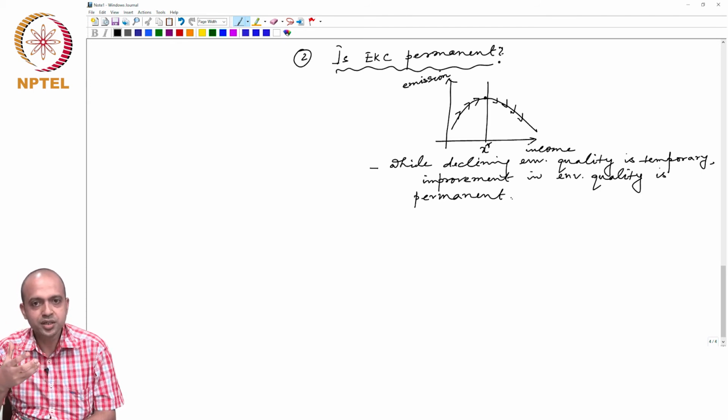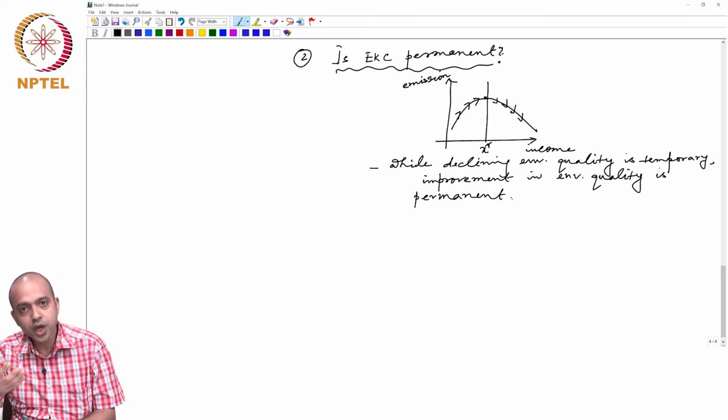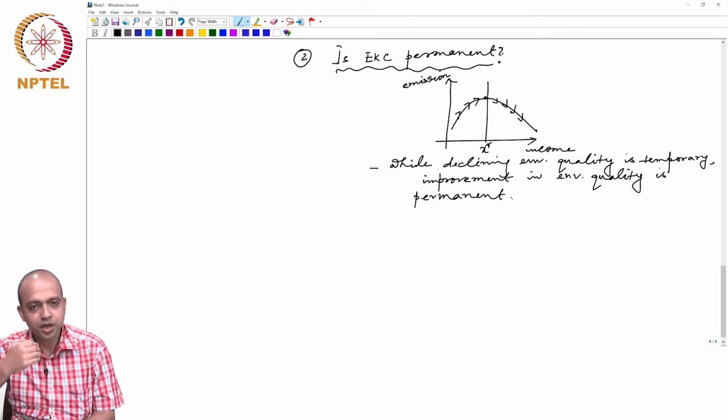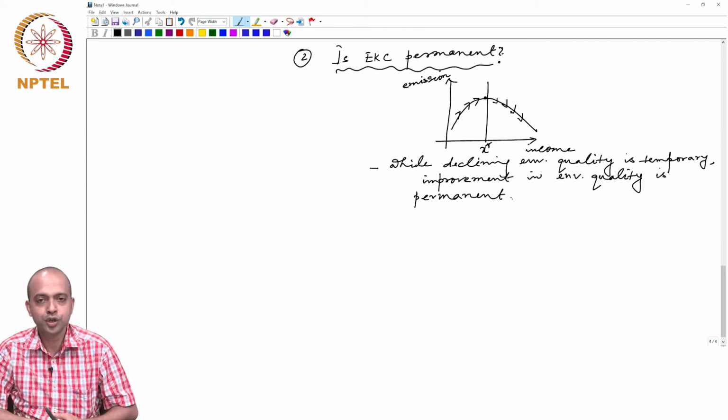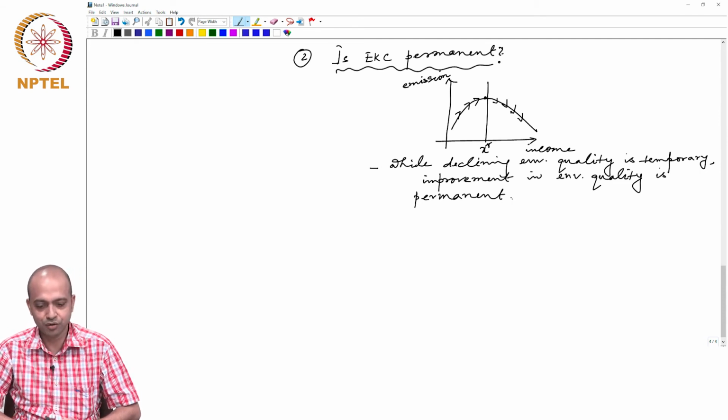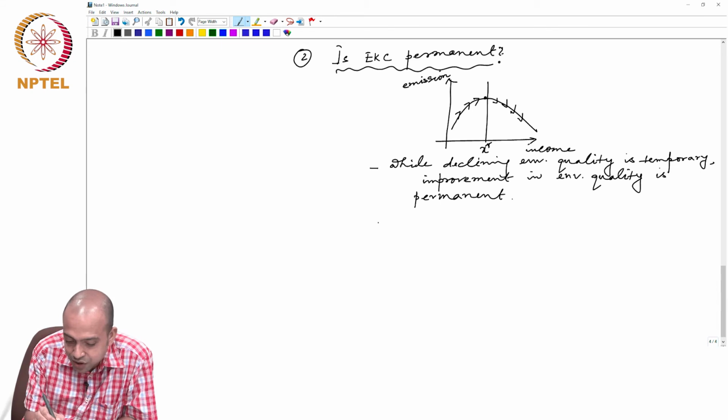Productive units become more and more efficient. That means they produce more output with lower and lower amounts of pollution. And why does it happen? Because of improved technology. Okay? So, what is the implicit assumption behind this?